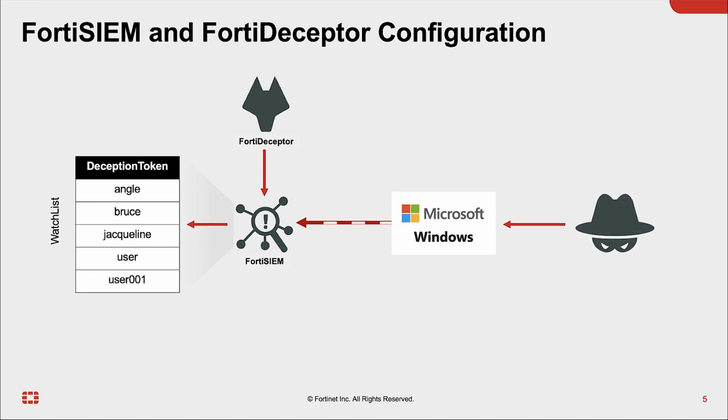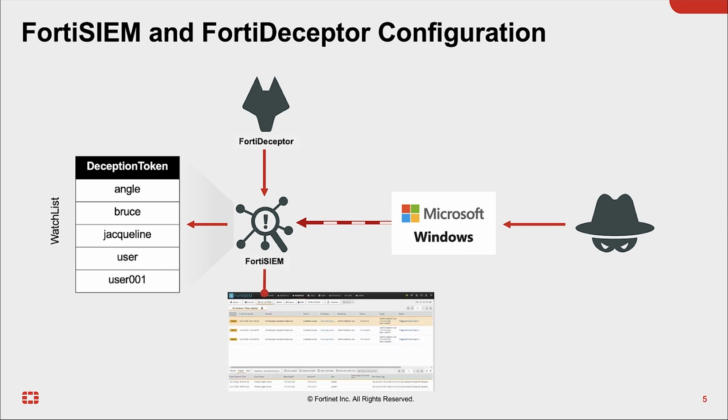Then we'll wait for the actor to come along, and the threat actor will start to try and compromise the Windows server or endpoint, identify one of the deception lures, in this case a user 001, and when that happens, FortiSIEM will identify the use of this token through the Windows log events. It will generate an incident.